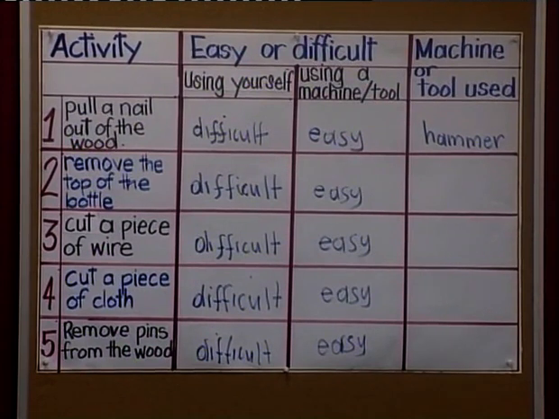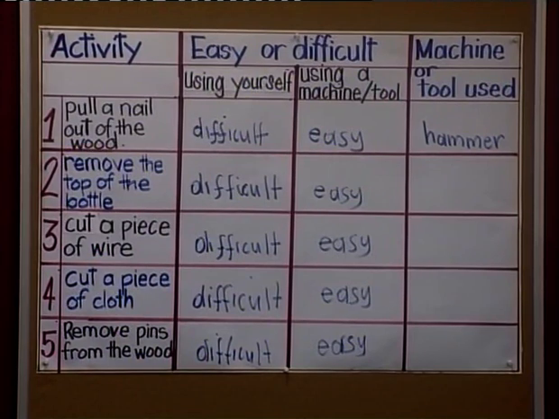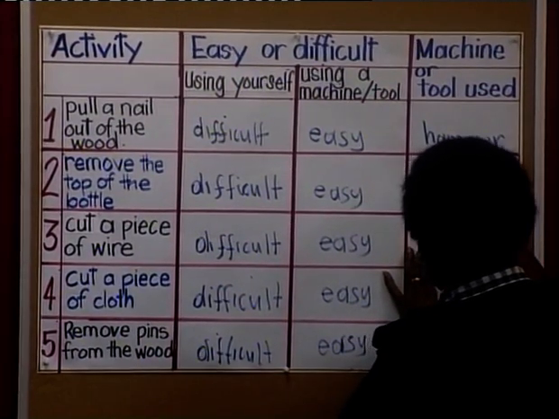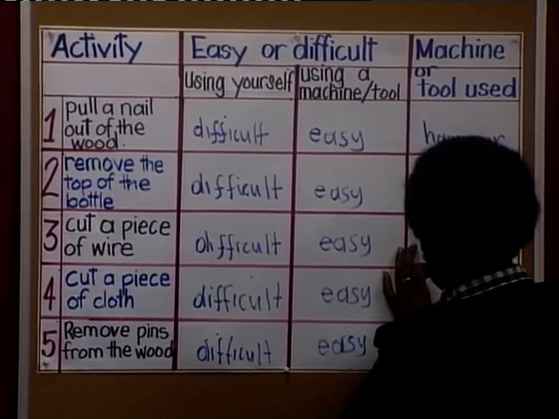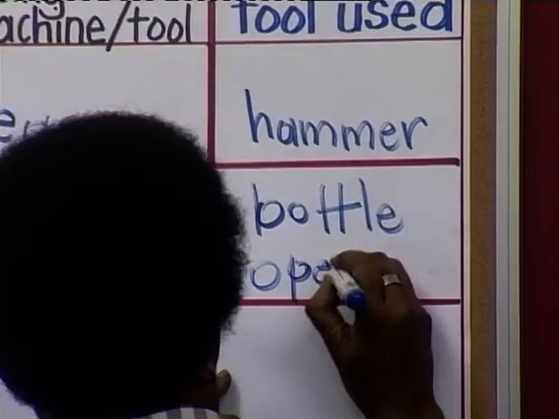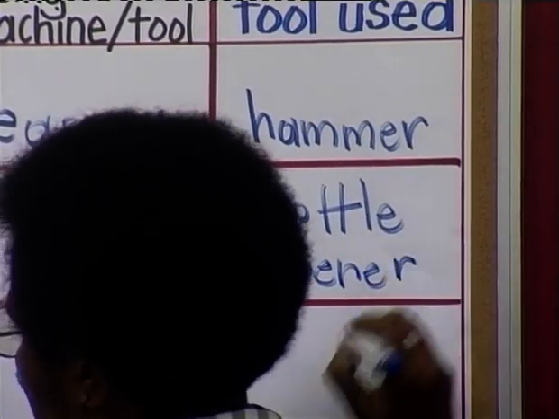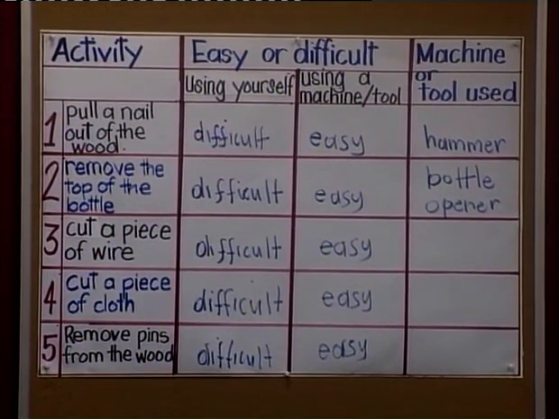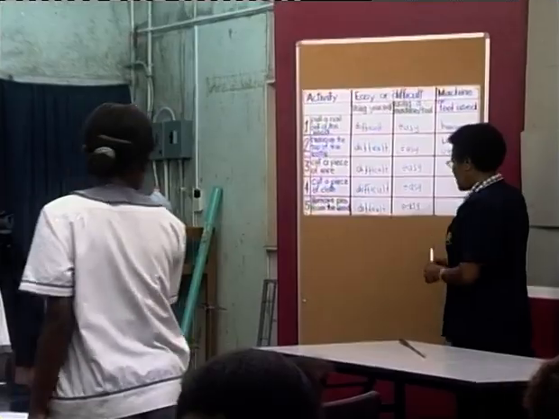Raymond, the second one, remove the top of the bottle. Bottle opener. Thank you, bottle opener. Cut a piece of wire. Let's have Oven. Pliers.